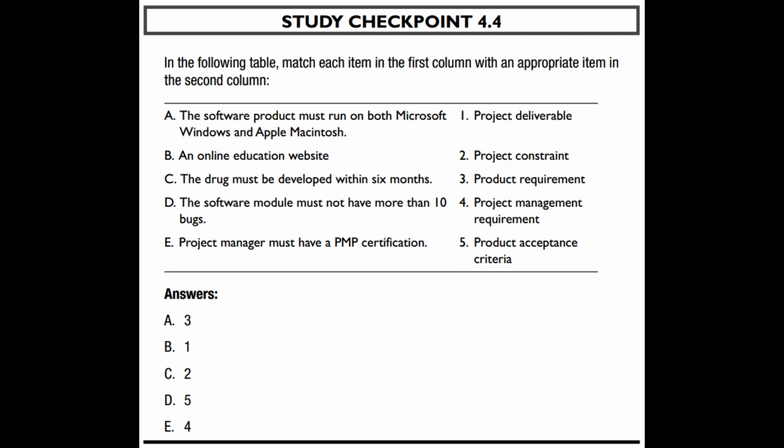C. The drug must be developed within 6 months. 3. Product requirement. D. The software module must not have more than 10 bugs. 4. Project management requirement. E. Project manager must have a PMP certification. 5. Product acceptance criteria.